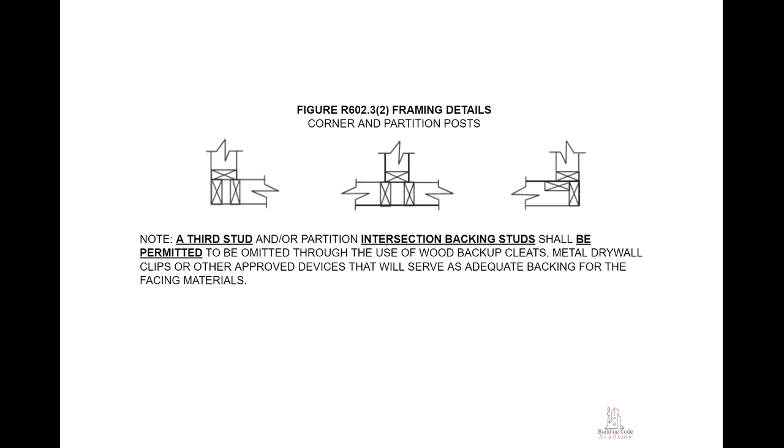Figure R602.3.2, Framing Details, Corner and Partition Posts. Note: a third stud and/or partition intersection backing studs shall be permitted to be omitted through the use of wood backup cleats, metal drywall clips, or other approved devices that will serve as adequate backing for the facing materials.